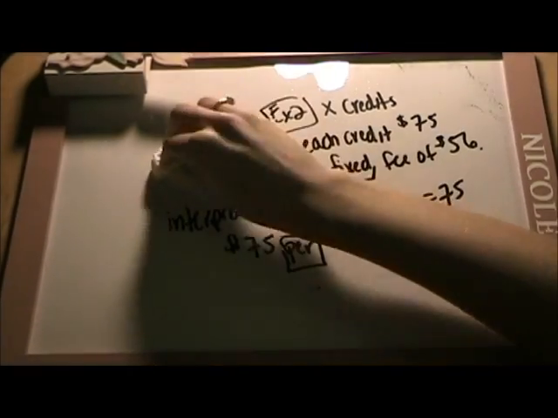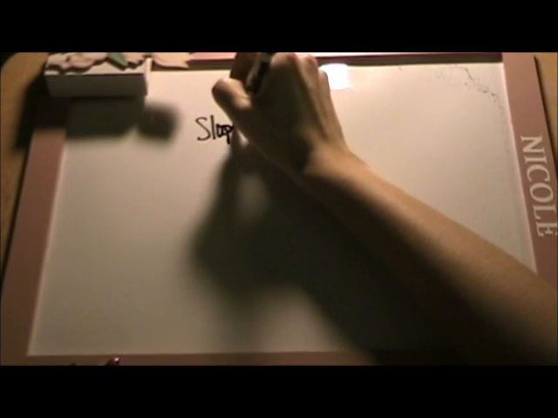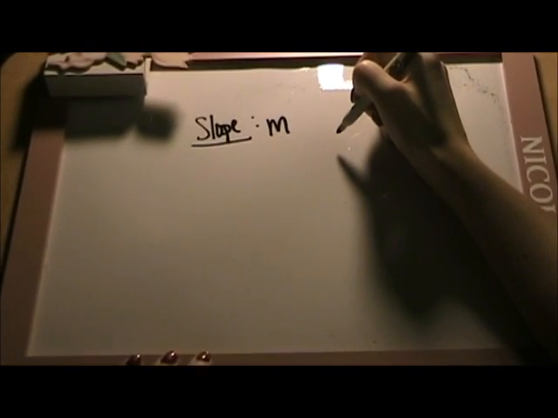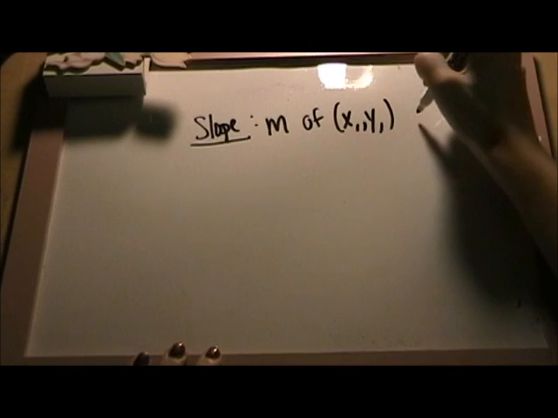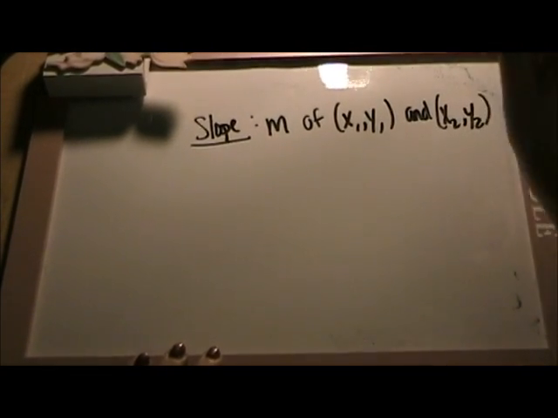So that's determining slope from word problems. Let's just say I give you points. So slope, we talked about, is represented by m of 2 points, x1, y1, and x2, y2.